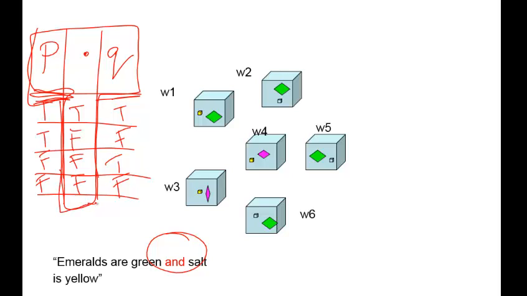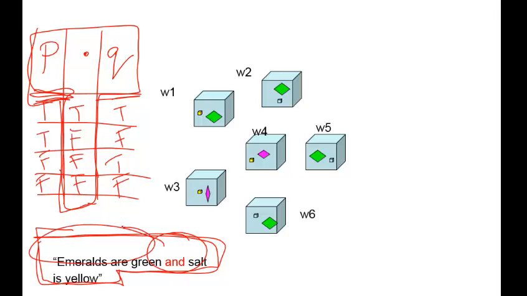So T, F, F, F. If we have a compound sentence joined with an and, emeralds are green, being P, and salt is yellow, being Q, then we're going to look at our set of possible ways things could be and determine in which of them it is the case that emeralds are green and salt is yellow.